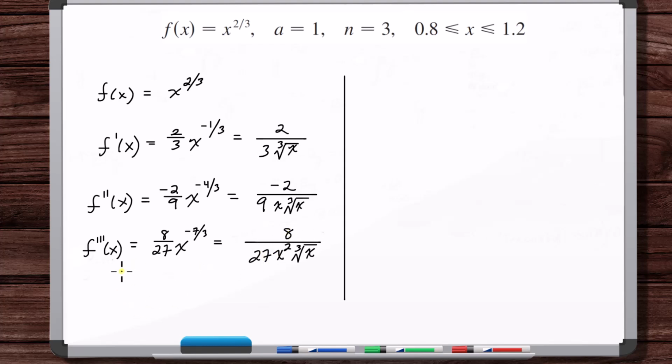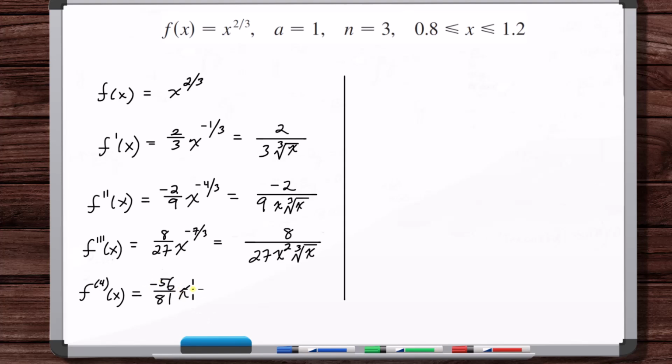Now, this is enough to get up to the third, the x minus a cubed term. However, we want to go one more derivative because we're going to be using Taylor's inequality. So, minus 7/3 times 8 over 27: 27 times 3 is 81, 8 times 7 is 56.